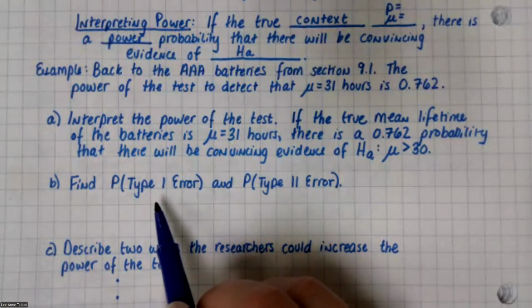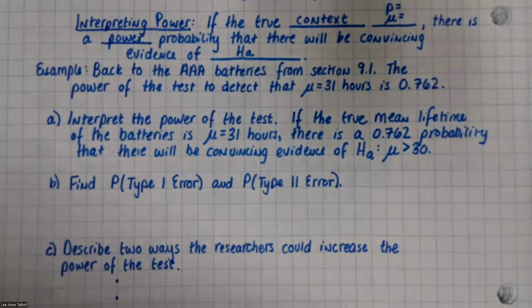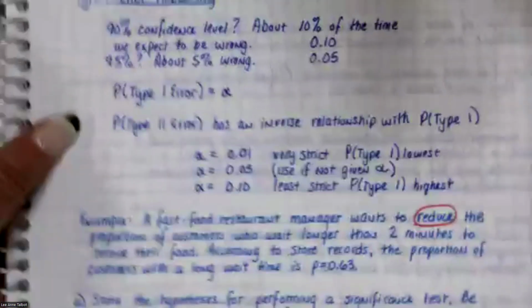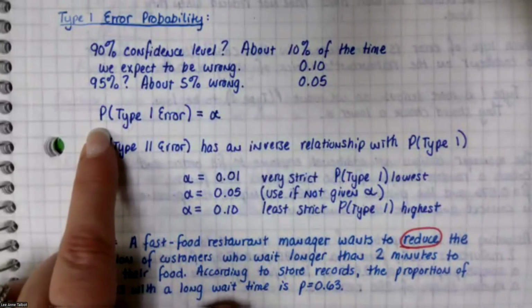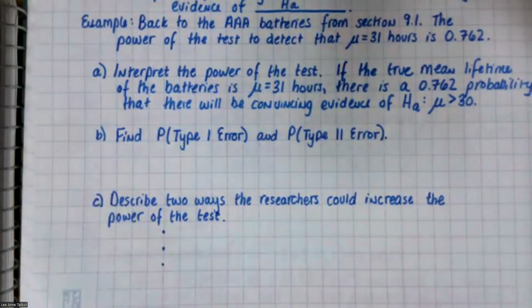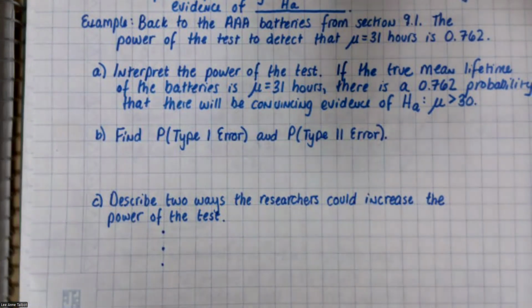Find the probability of type 1 and the probability of type 2. Okay, probability of type 1. I'm going to come back over here to your notes. It says the probability of type 1 error is alpha. Anybody remember what alpha was in this batteries problem?